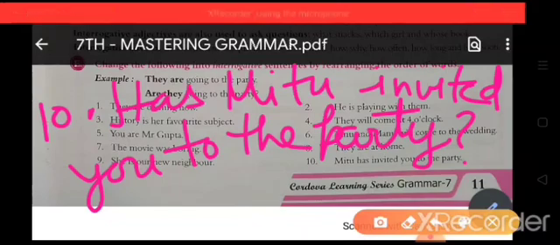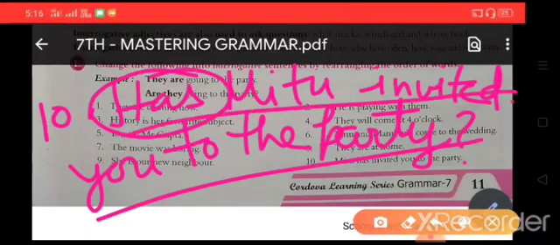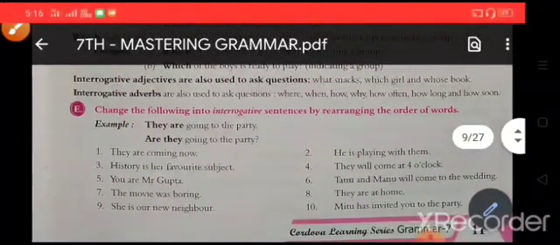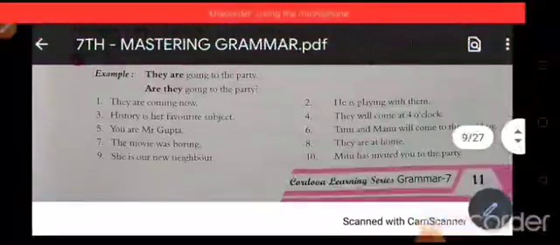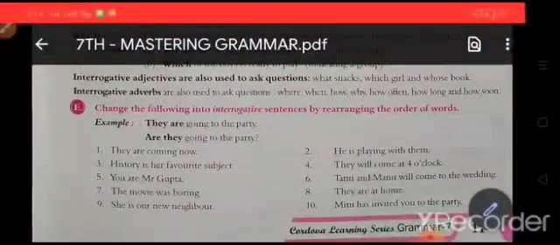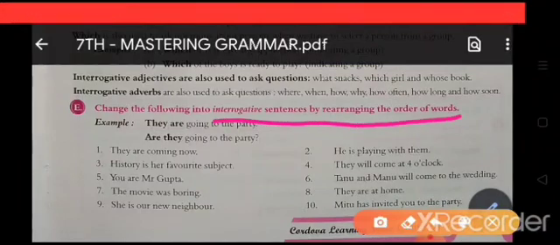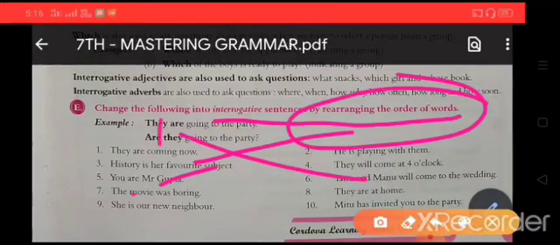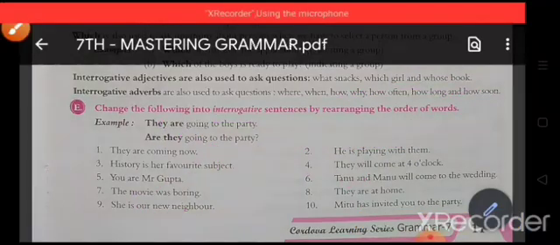In all these sentences, we have shifted the auxiliary verbs to the front of the sentence, and we have made these interrogative sentences, and after that we are putting a question mark. So always remember this, because we have to change the order of the words. We have changed the order and made the interrogative sentence.